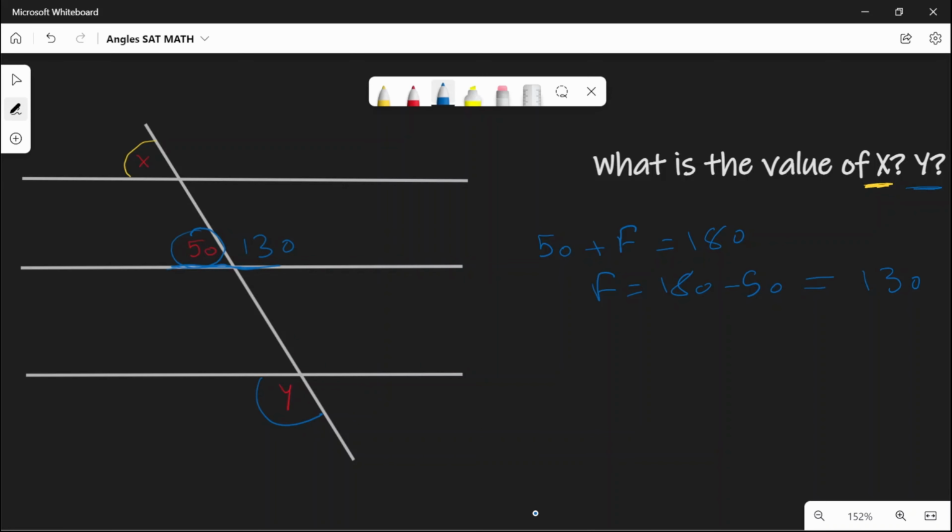We know that opposite angles are equal, so this angle will equal 50 as well, and the opposite angle to 130 is here. As you can see, this intersection between angles is similar to this one. Angle x is similar to angle 50.